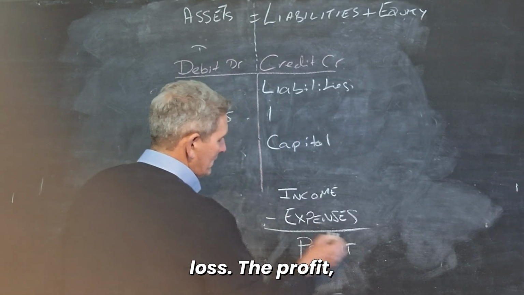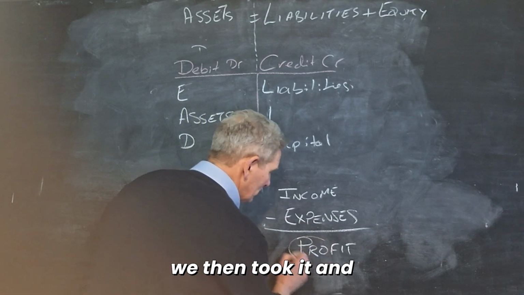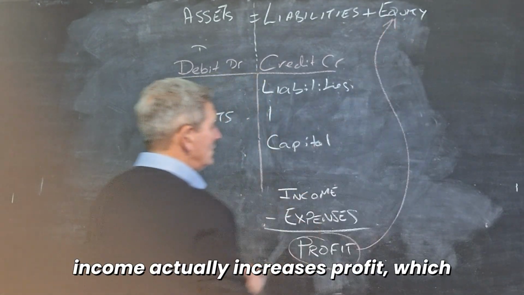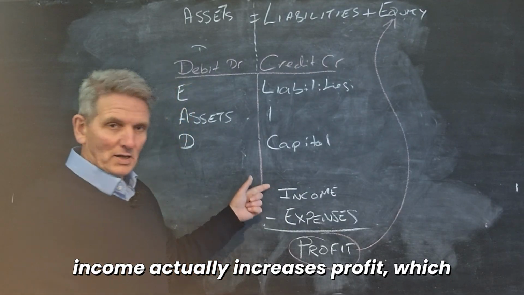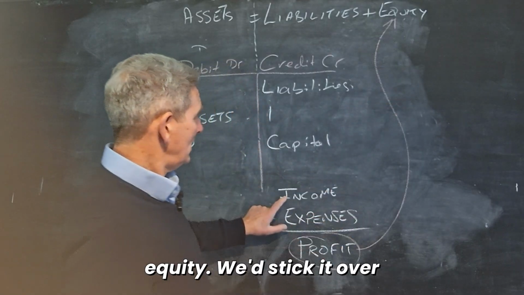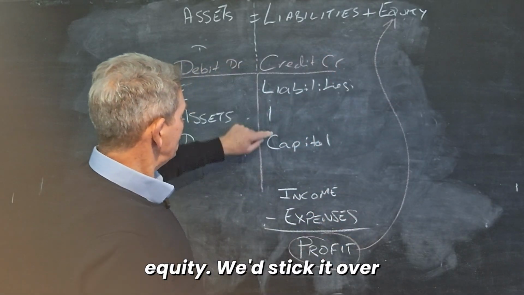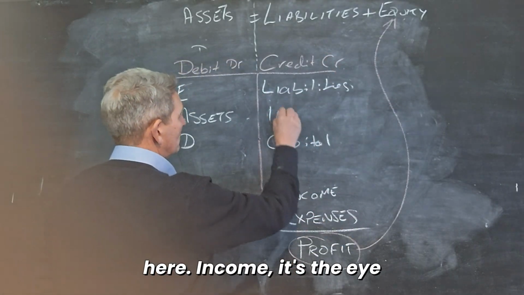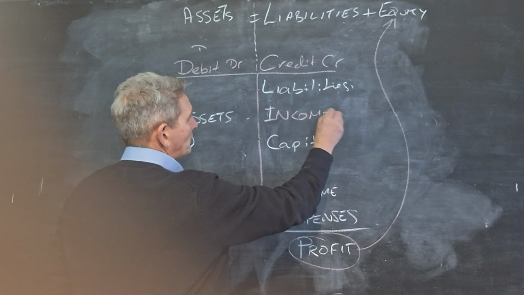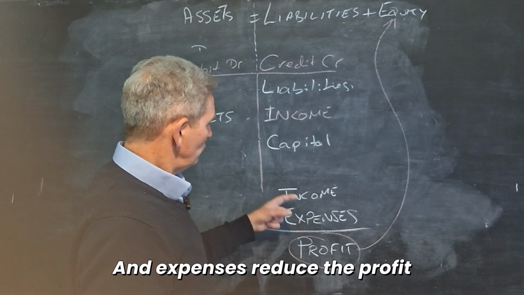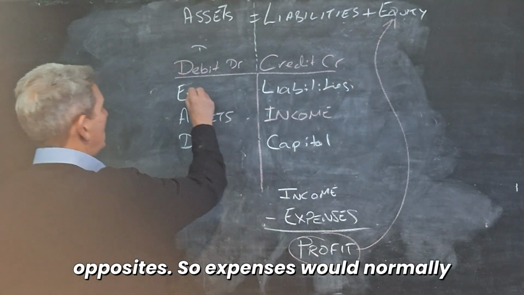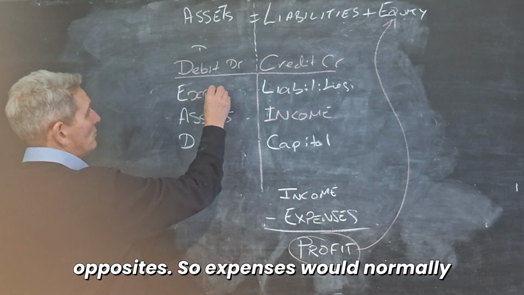The profit, we then took it and put it into equity. So income actually increases profit, which increases equity. So income increases equity. We'd stick it over here, income. It's the I in CLIC, income. And expenses reduce the profit and reduce equity. So they're opposite. So expenses would normally rise up on this side.